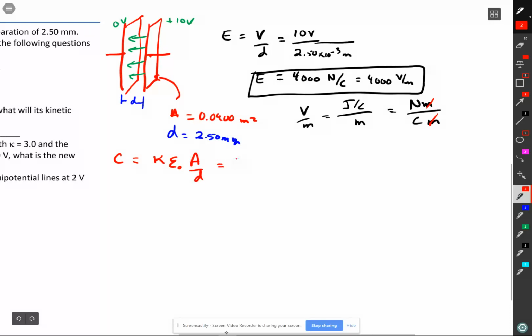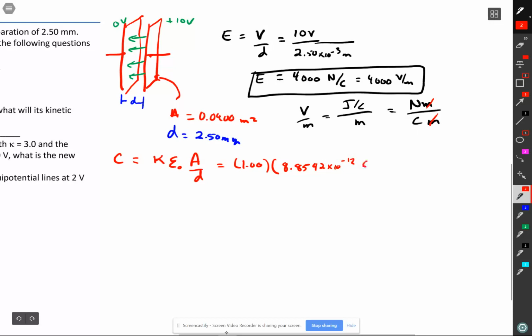So if it's air, kappa is just going to be 1.00. Epsilon 0 is 8.85. And I actually looked it up to way too many decimal places. Just to get us a couple more, 8.8542 times 10 to the minus 12.